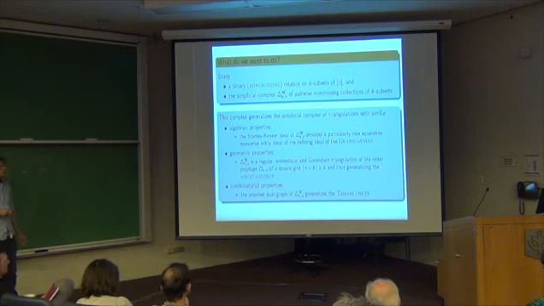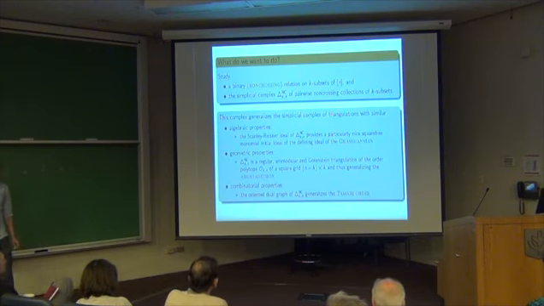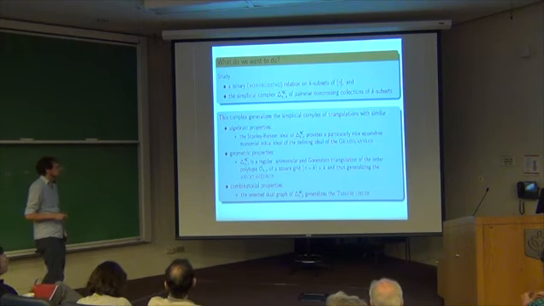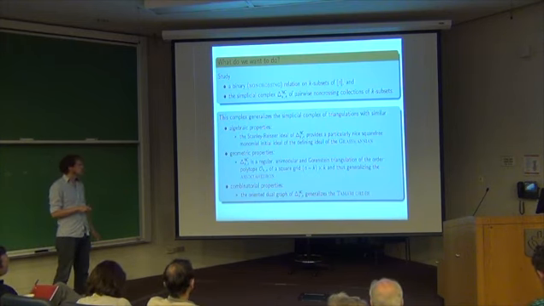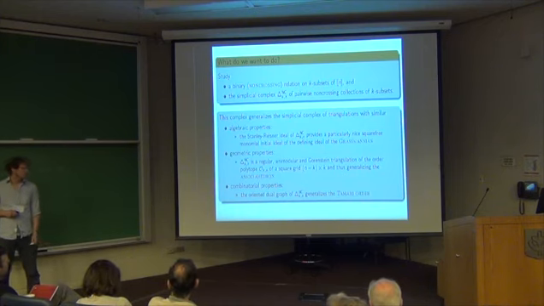And as such, it should generalize the associahedron. So for k equal to 2, this 2 by n minus 2 grid, if you take the order polytope, then one way of seeing the associahedron is as a triangulation of this polytope.